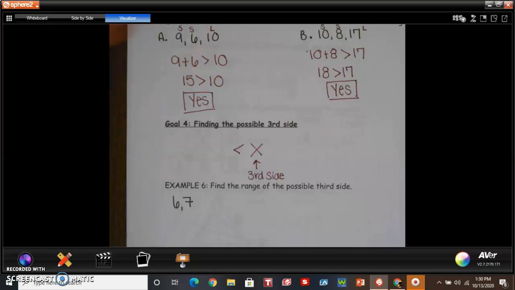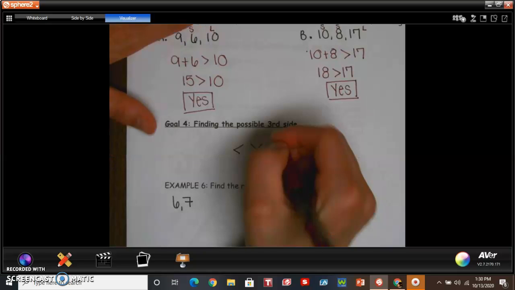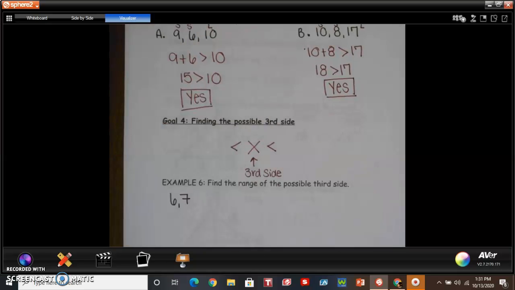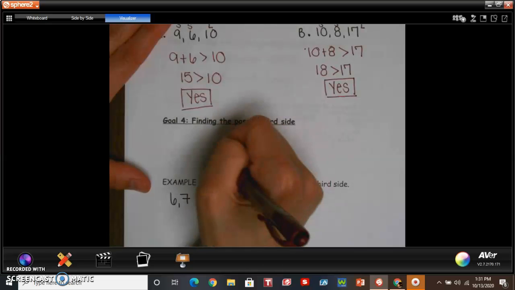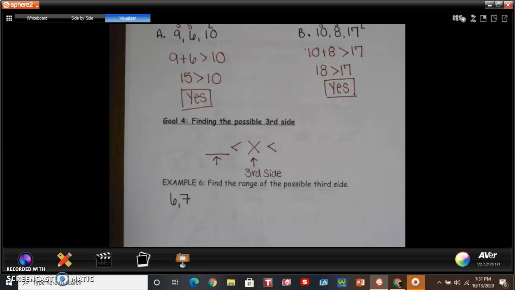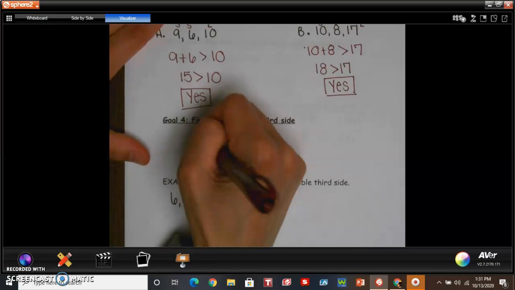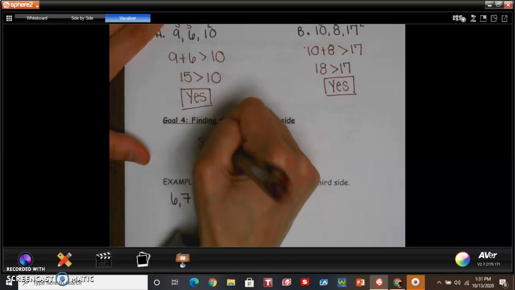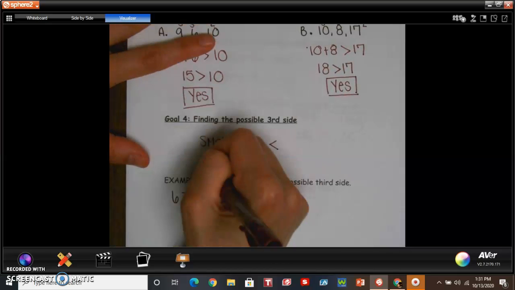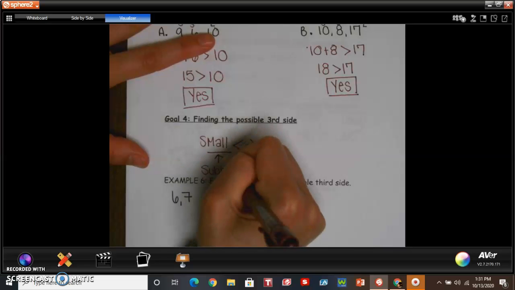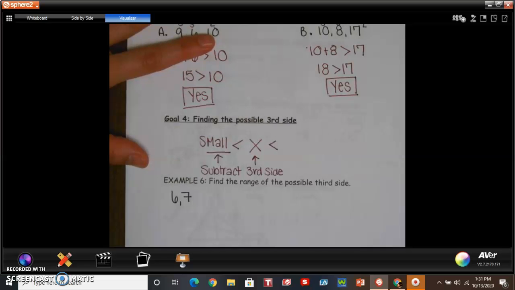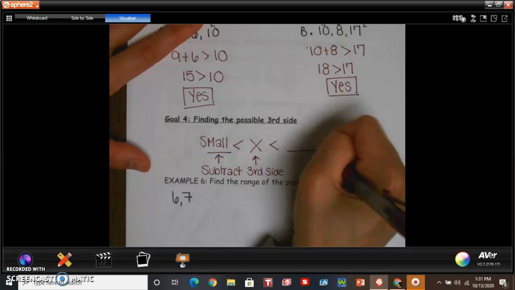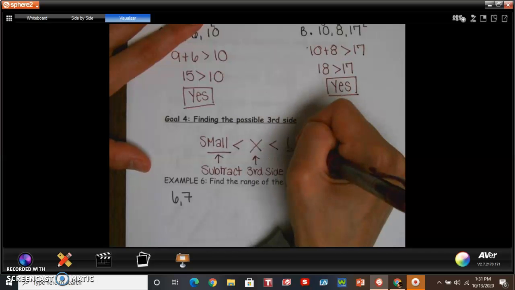So we're going to know that x has to be greater than a certain number, but less than another number. So how we find this side here, to find this small possible, this is small. For the small side, we're going to subtract.